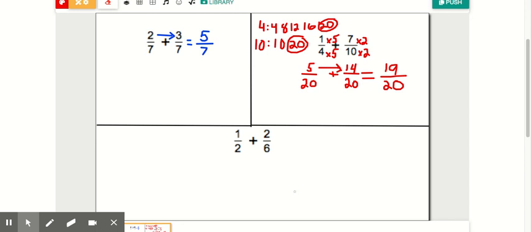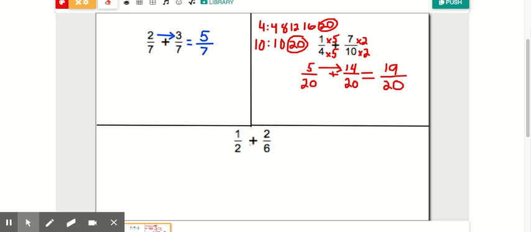All right. I want to do this example down here. We have 2 different denominators. Let's say there's a situation where we aren't aware of what the least common multiple is. Let's say I look at 2 and 6 and I'm like, okay, I don't quite know my multiples of those numbers that well, so I don't know if I'm going to get the least common multiple. What should I do?